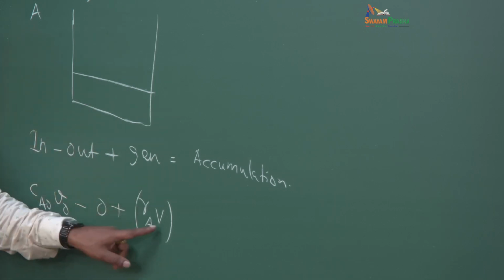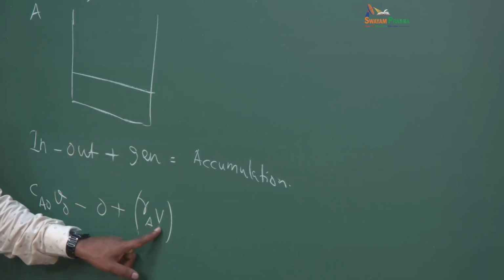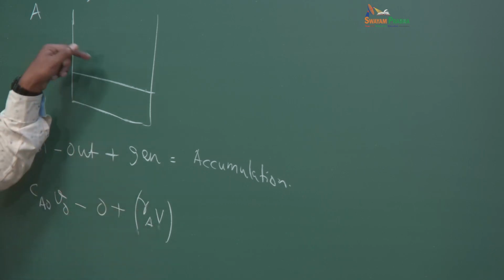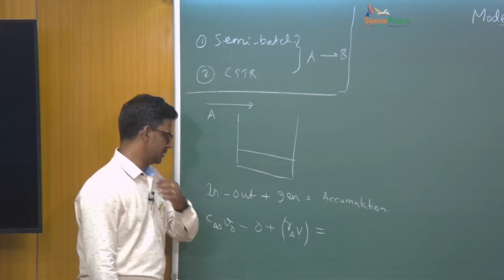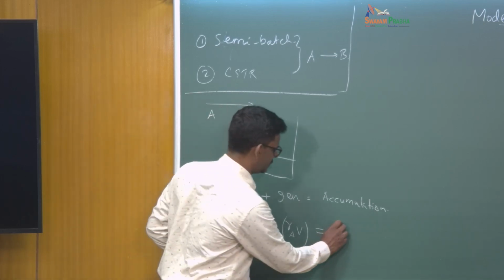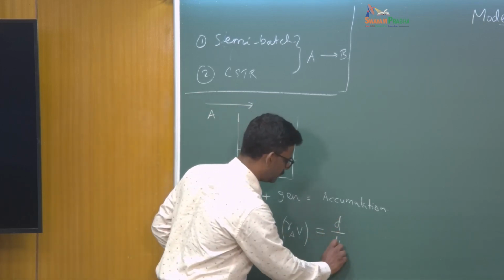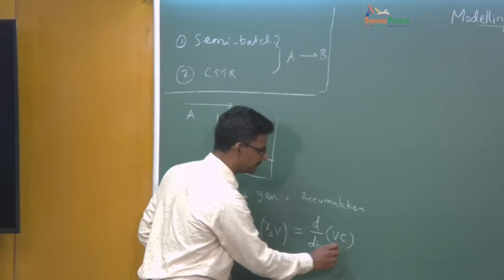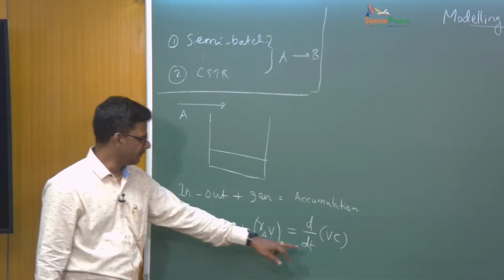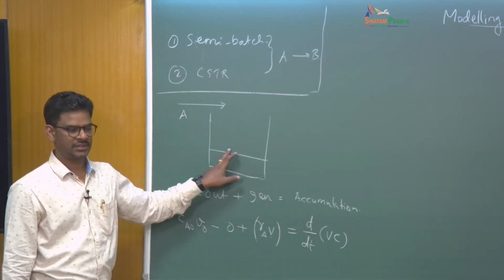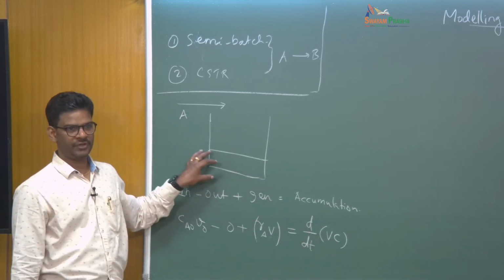So V itself is a dynamical quantity, it's going to change as more and more fluid comes in. And then we have an accumulation term, which is nothing but d by dt of Vc. Again, this V is the volume of the reacting mixture, C is the concentration at any point of time t.